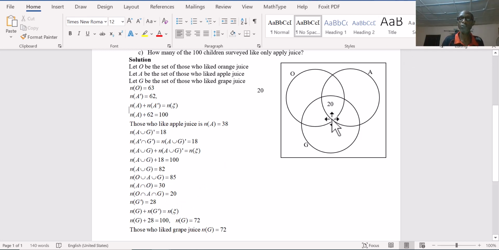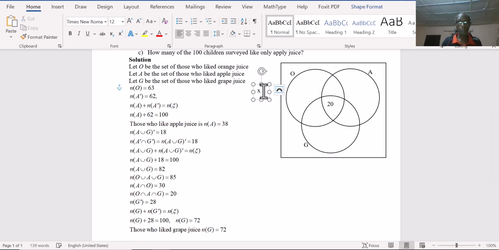As I'm following this circle, just follow the cursor. That is the overlap between O and A. This place, we already know it to be 20. So we need to know this place.